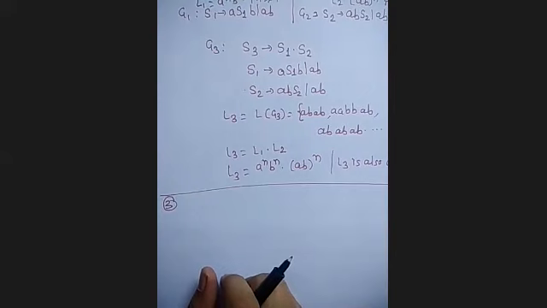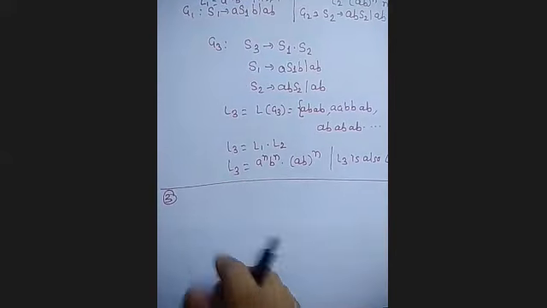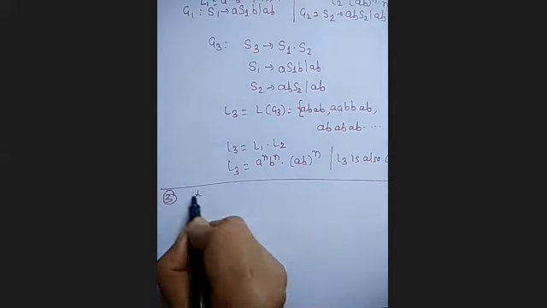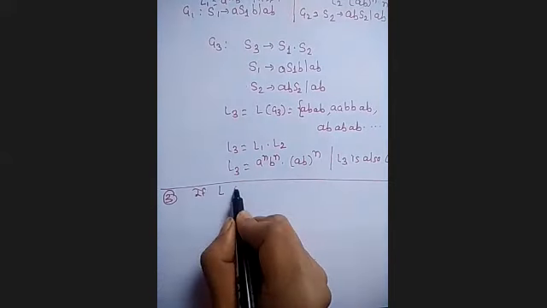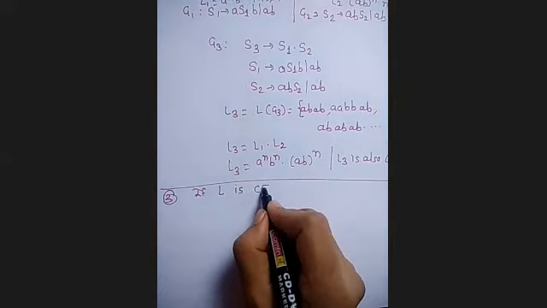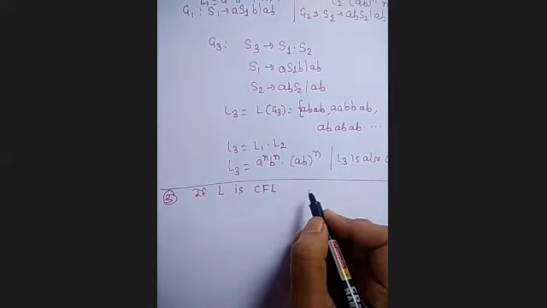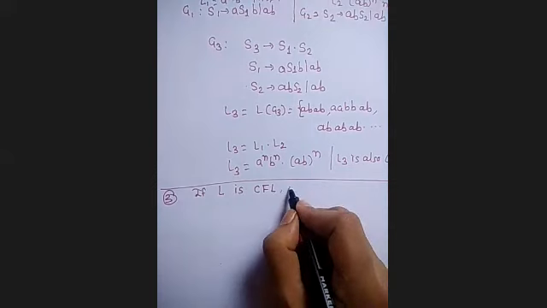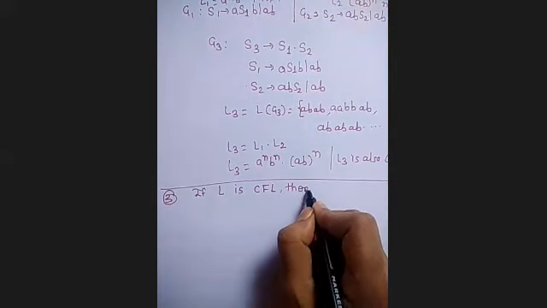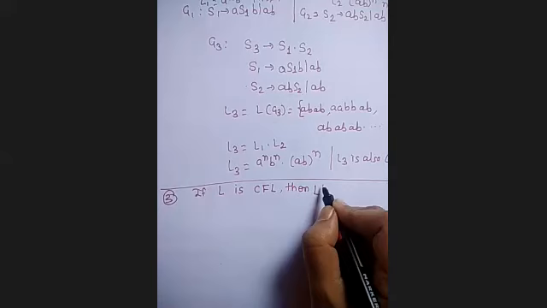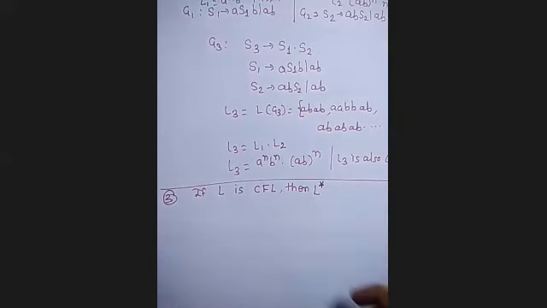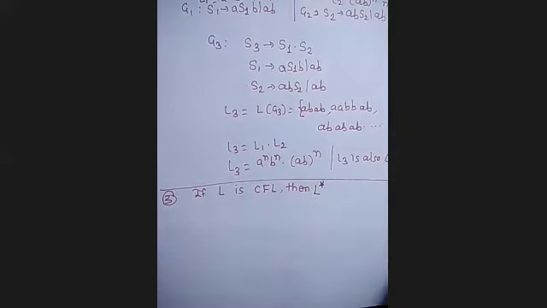If L, now we have to consider closure. If L is a CFL, then we know how the Kleene closure is represented: L star. L star is what? Zero or any occurrences of L, that you know. Okay. So if L is a CFL, then L closure, how do we read this?